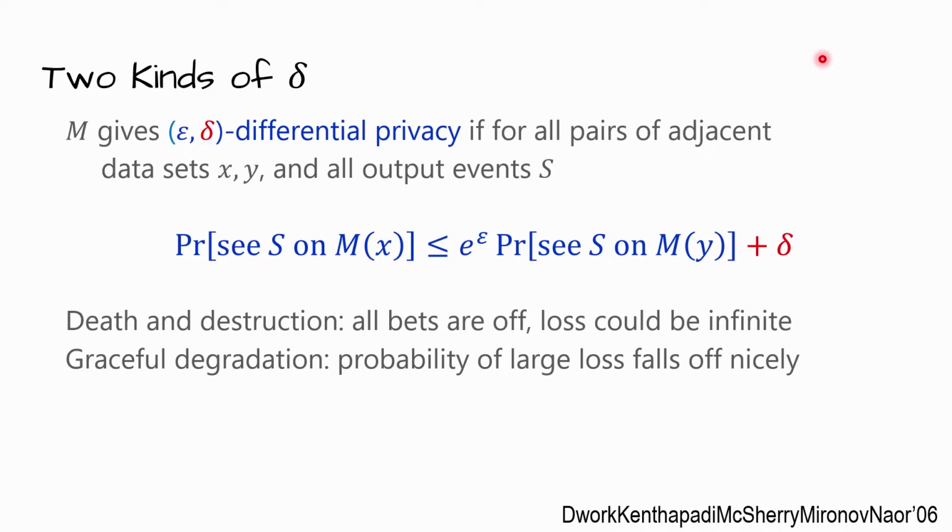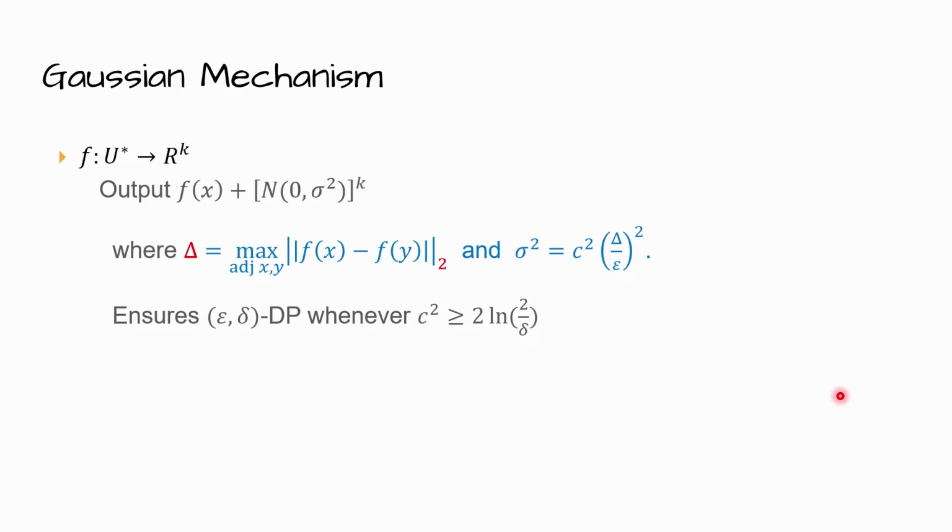But if that fails, you're still really likely to be bounded by 2 epsilon. And if that fails, you're still really, really, really likely to be bounded by 3 epsilon and so on. So that's a graceful degradation. You can't really talk about expected privacy loss in the first case. You can talk about expected privacy loss in the second case. So what's the right setting of the parameters for the Gaussian?